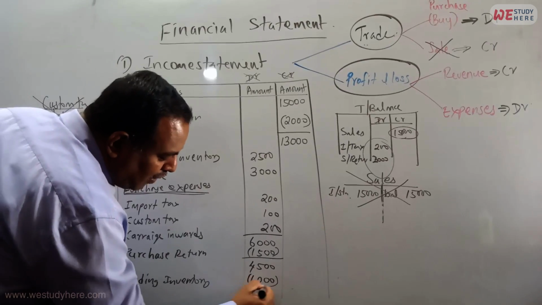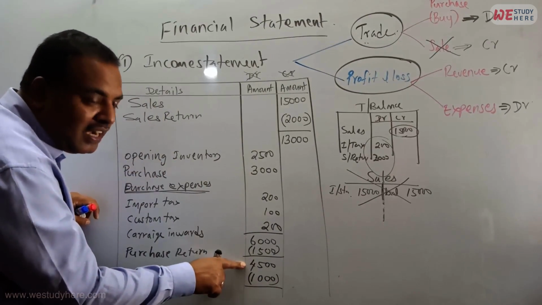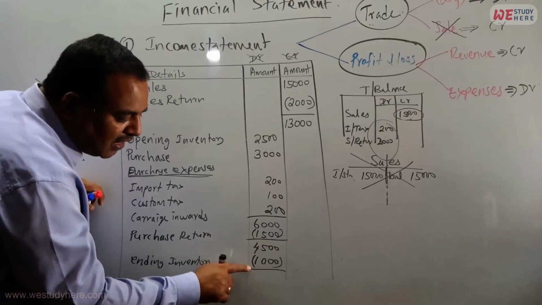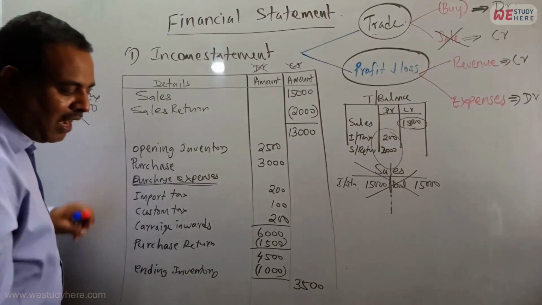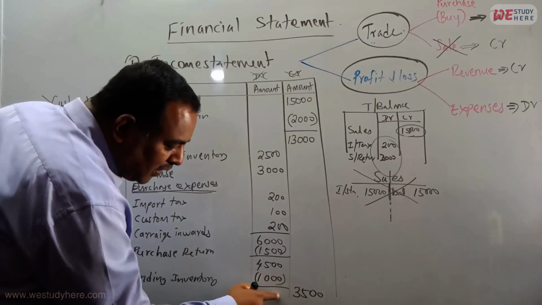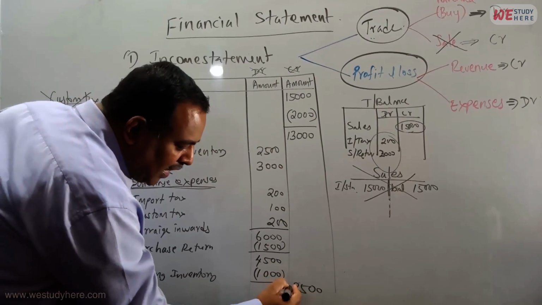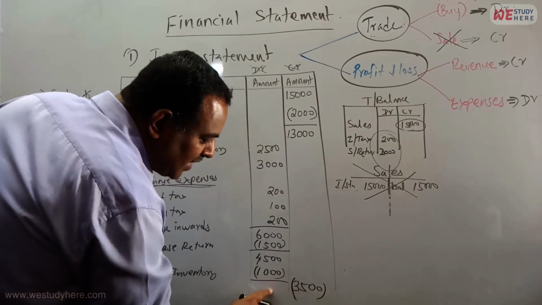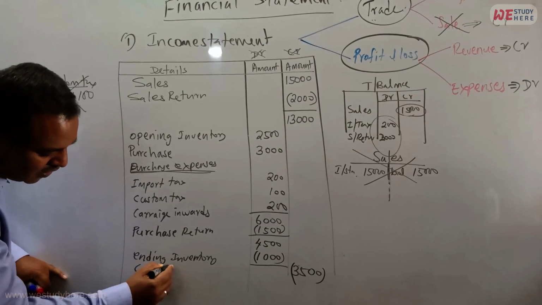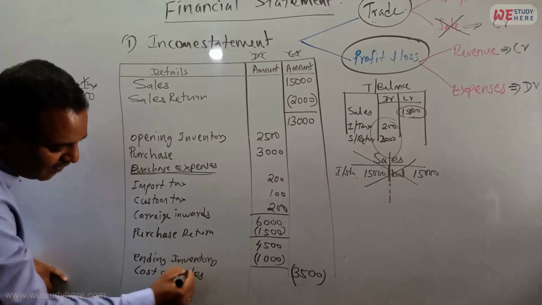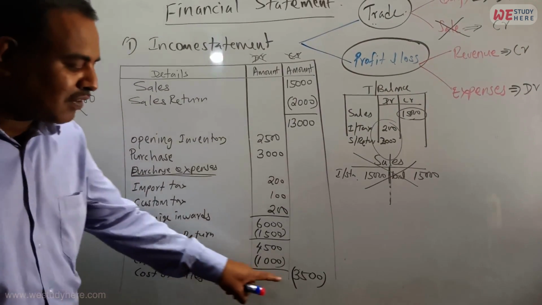Then how much do you have now? 4,500 minus 1,000, that will be 3,500. We are writing it here. When you are writing 3,500, this should be on the debit side. When you keep it here, you have to put the bracket because we are changing the side. That is called cost of sales. Cost of sales is now 3,500.